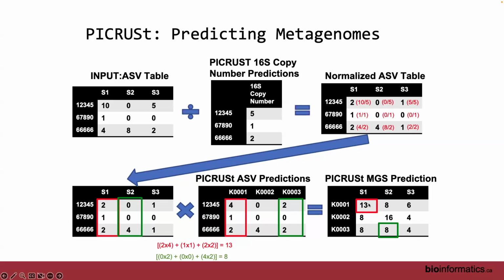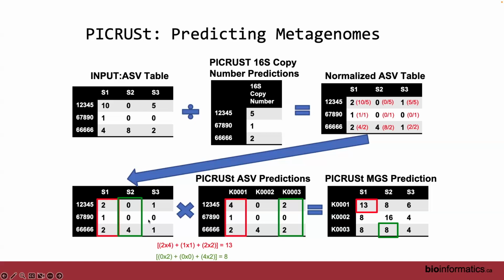So this 13 of this particular functional gene family, K00001 in sample 1, is just simply derived from all the ASVs, their predictions for that KO family by the number of that ASV within that sample.